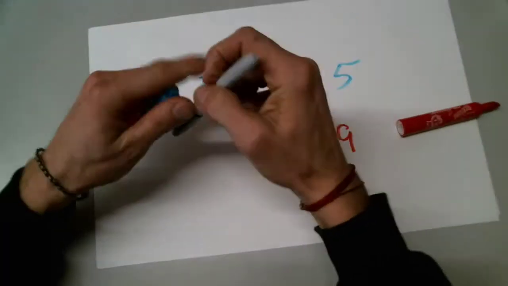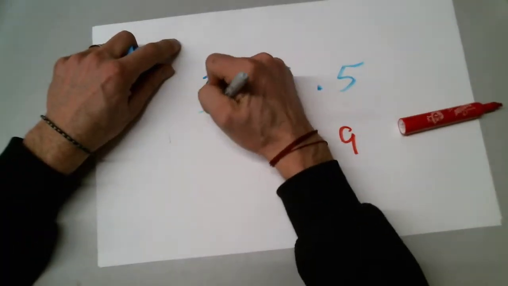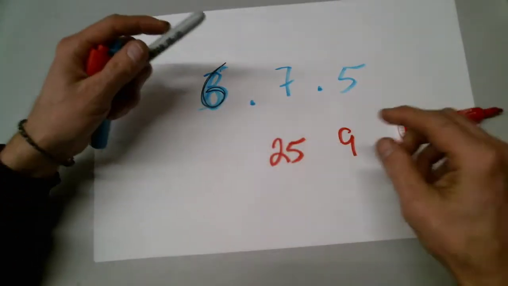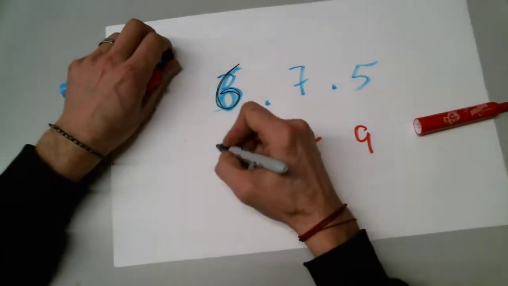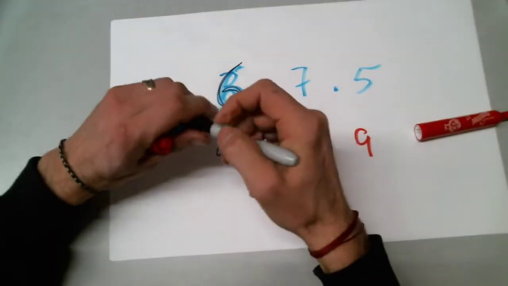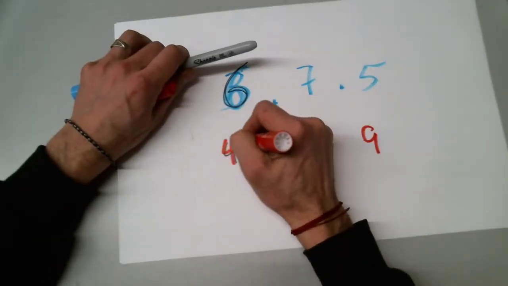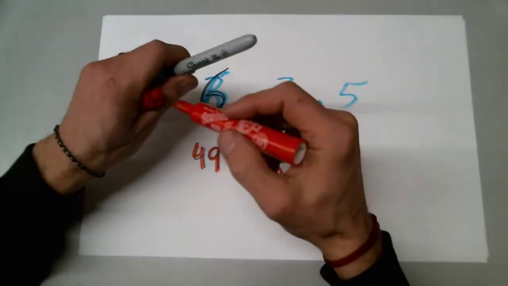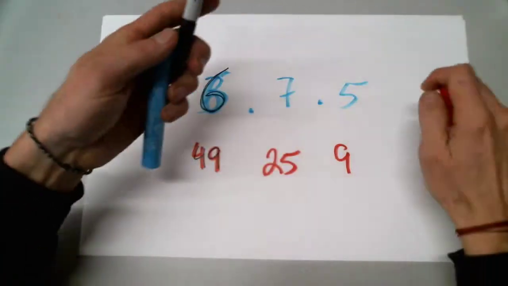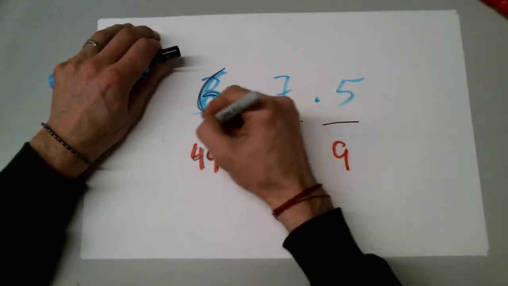I want that to be a 6. And let's make this one 49. It's supposed to be red. How am I doing for time here? Good. Got about 1 minute to finish this up.